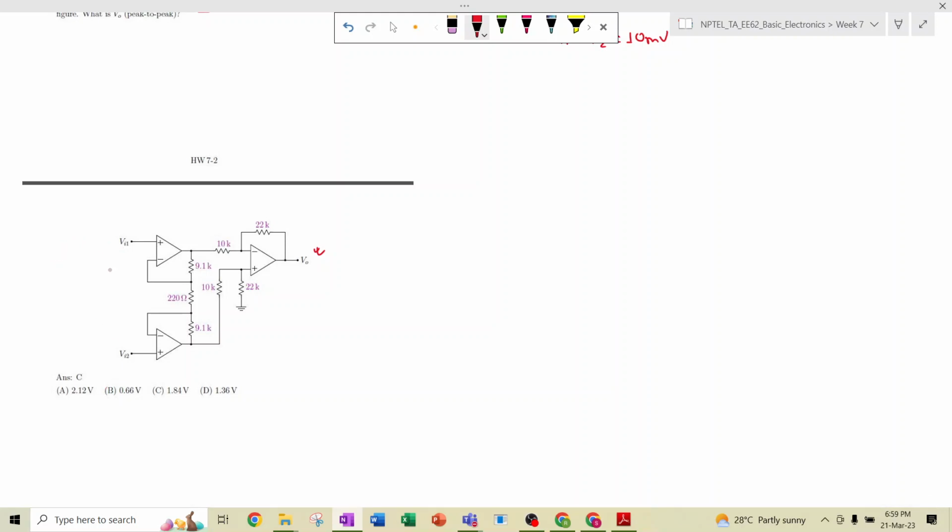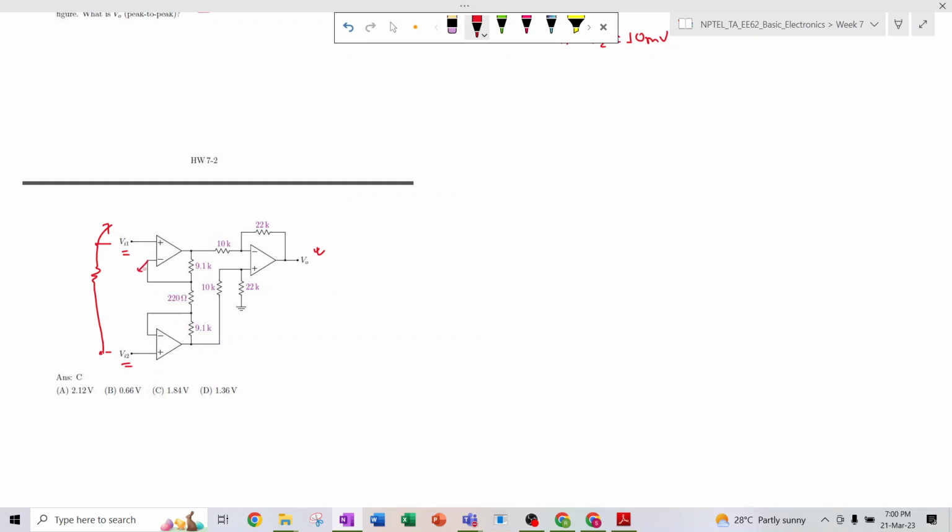Suppose there is some resistance connected across it, and here we have some voltage, there will also be some voltage drop, and by this we are just applying that Vi1 is greater than Vi2. So in this case it is a negative feedback, so the virtual short concept holds.